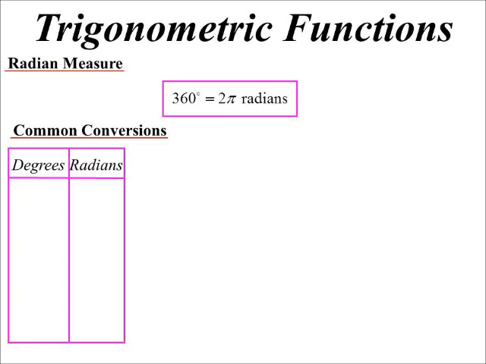So the common ones we're going to see a lot are all those exact values that we learned. So 30, 60, and so on. Now, 30 degrees ends up being pi on 6.